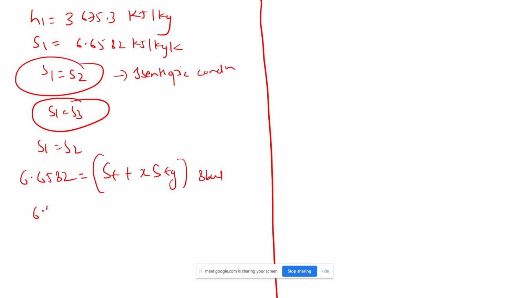So 6.6582. What is the value of Sf? 2.0462 plus x into 4.6166. So we have to calculate it first.